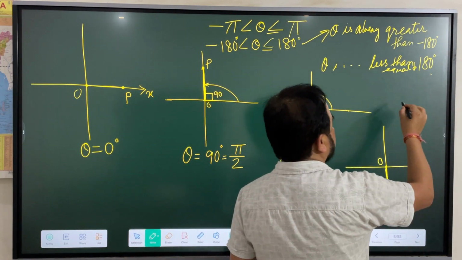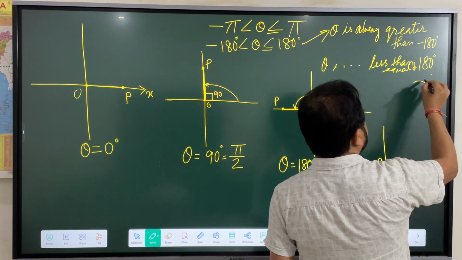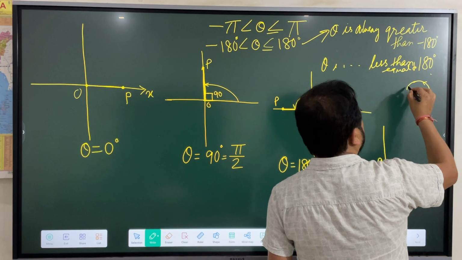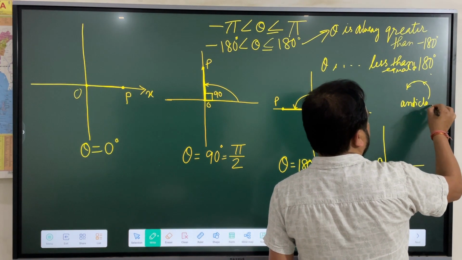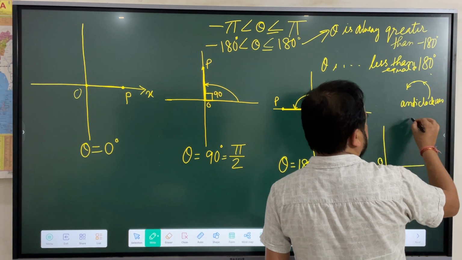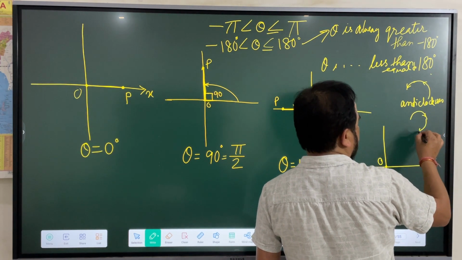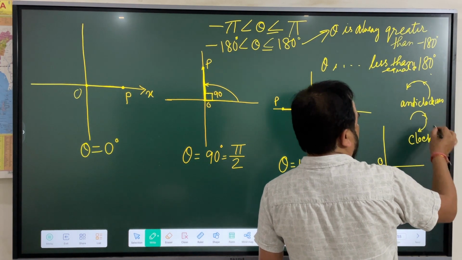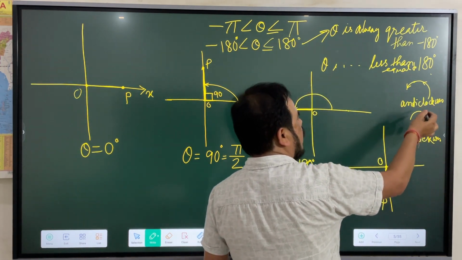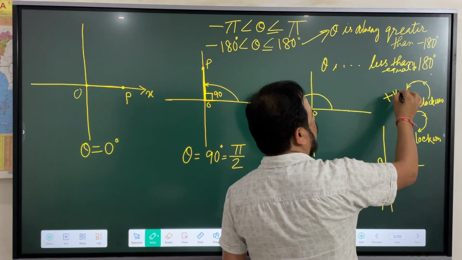Now one thing I forgot to say: this direction is called anti-clockwise, and this direction is called clockwise. When an angle moves anti-clockwise, it will always be positive.